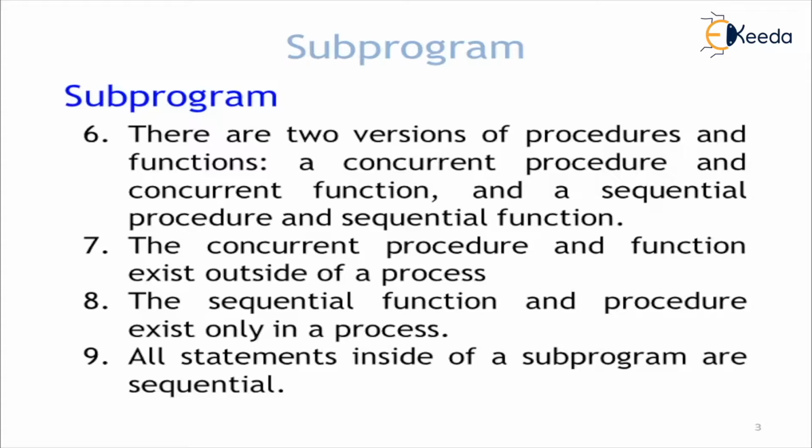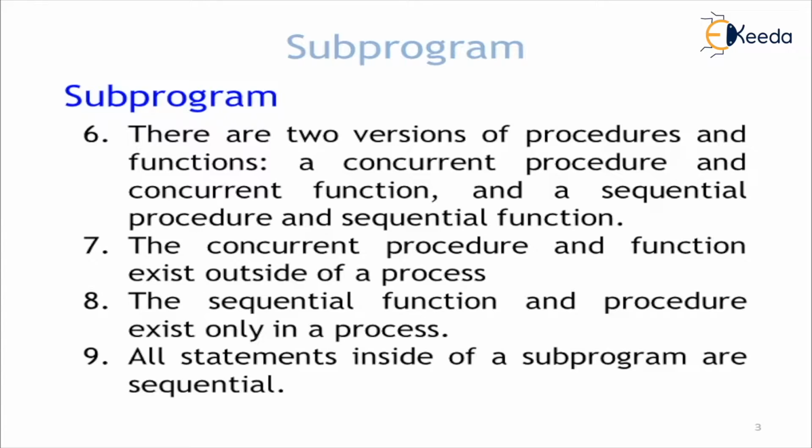Again, there are two versions of the procedures and functions: a concurrent procedure and a concurrent function, as well as a sequential procedure and a sequential function. Now how is it differentiated? Whenever the functions exist outside the process, they are called a concurrent procedure or concurrent function.